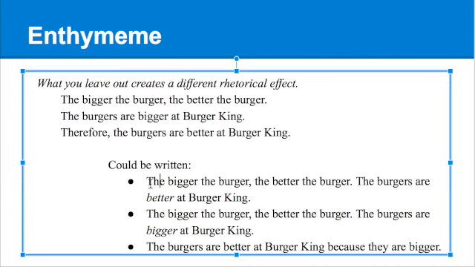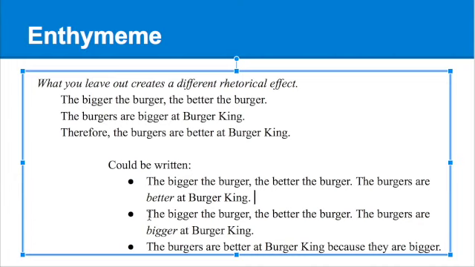If we just take out one premise, it gives us three different combinational options. We could take out the minor premise, right? The bigger the burger, the better the burger, major premise. And the conclusion, the burgers are better at Burger King. We looked at the minor premise.